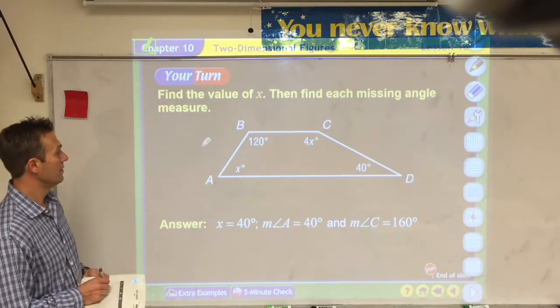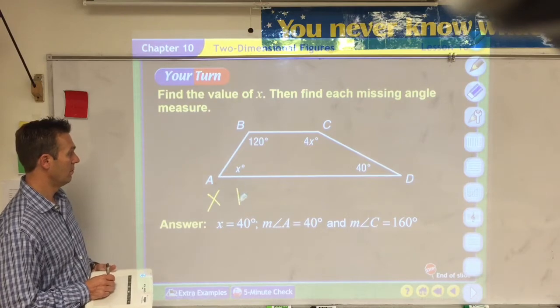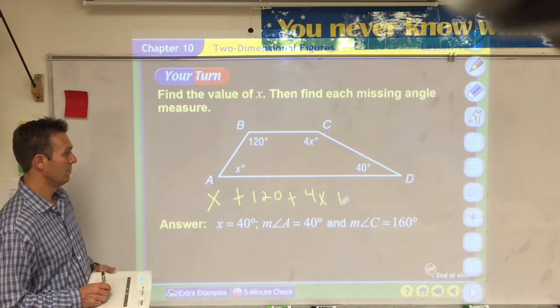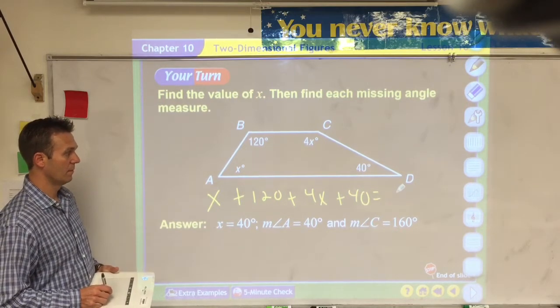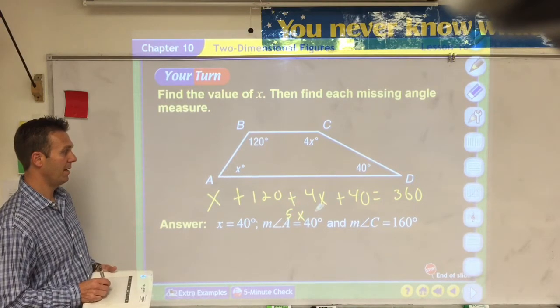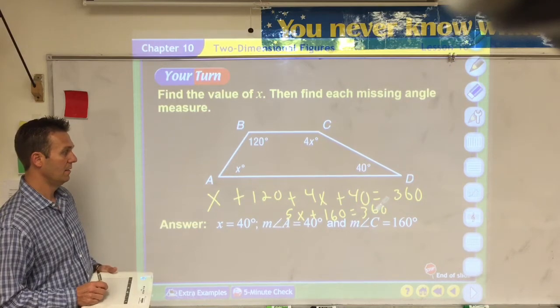And so what they did is they went x plus 120 plus 4x plus 40 equals 360 degrees. They brought their x's together and they got 5x plus 160 equals 360.